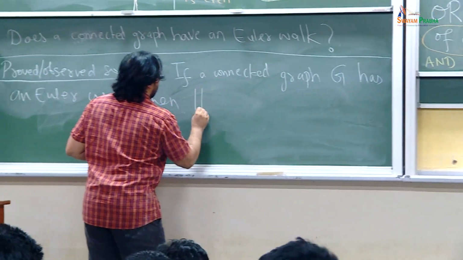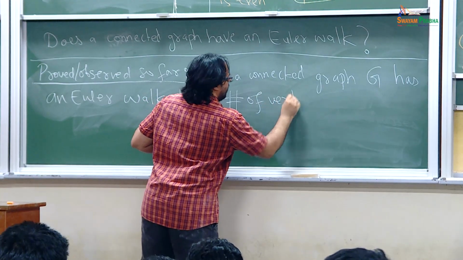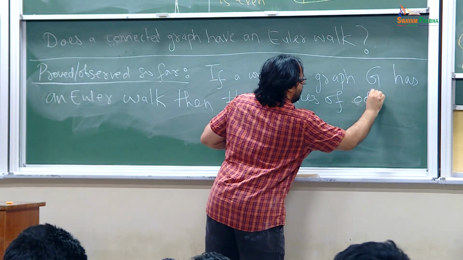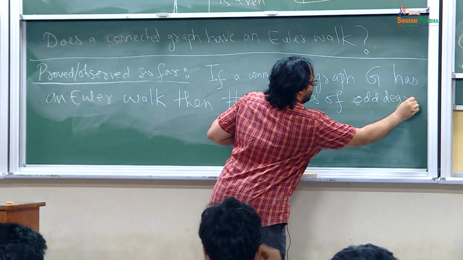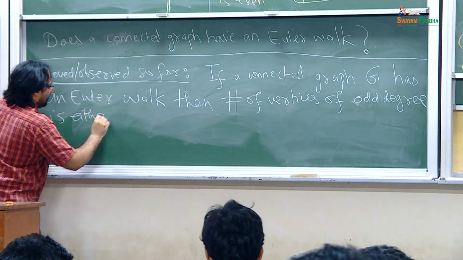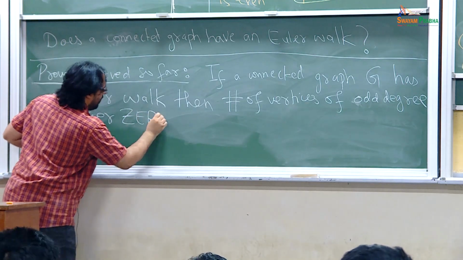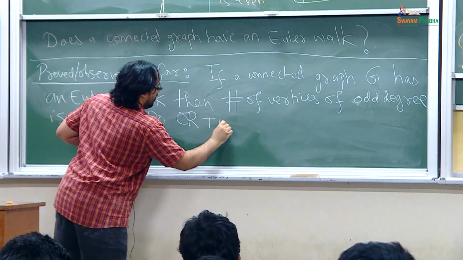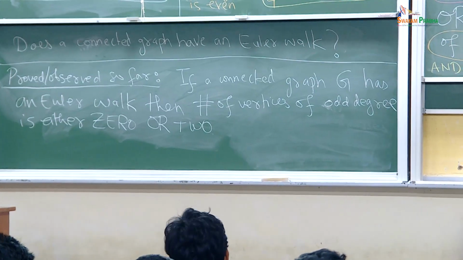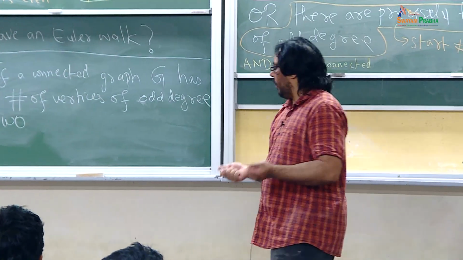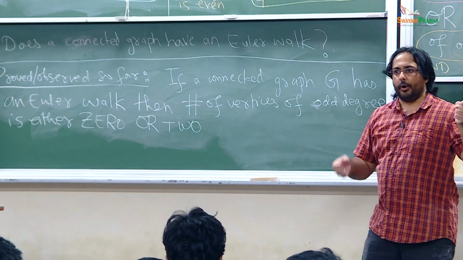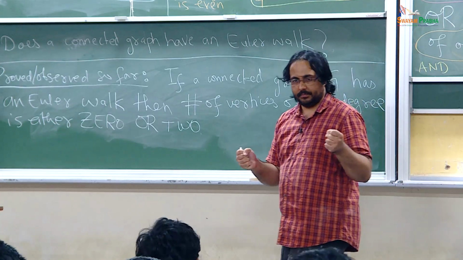Then the number of vertices of odd degree is either 0 or 2. Do you all agree? Actually, that is true for any graph, right? If a graph has an Euler walk, the number of odd degree vertices has to be 0 or 2. It can't be anything else.